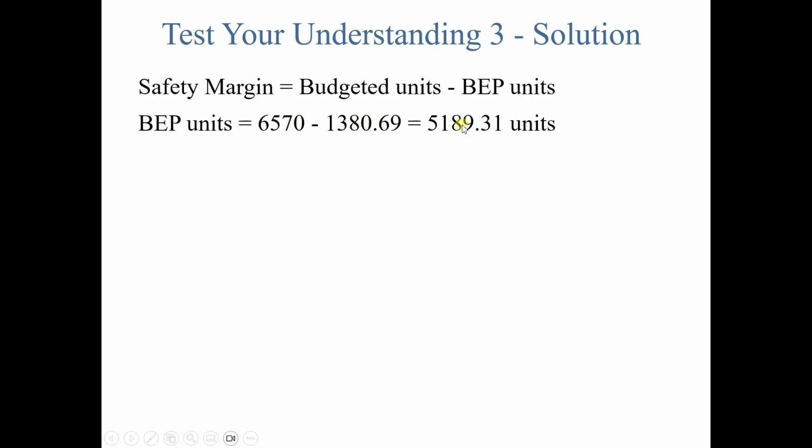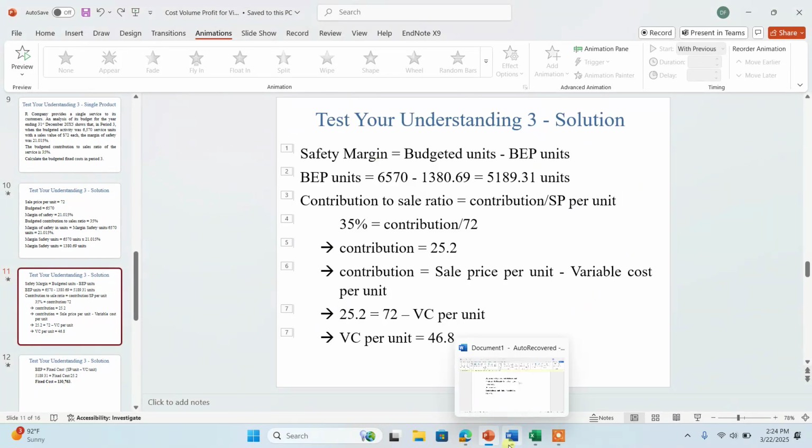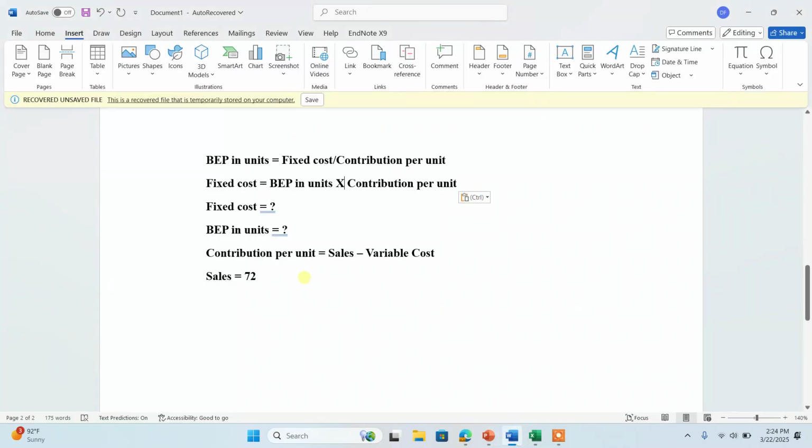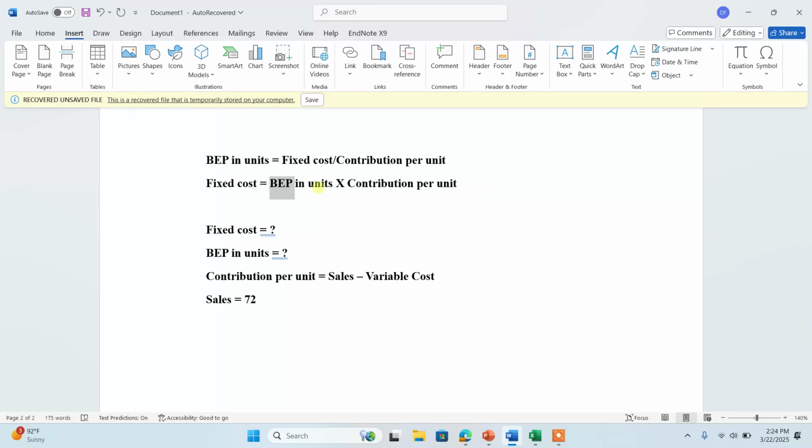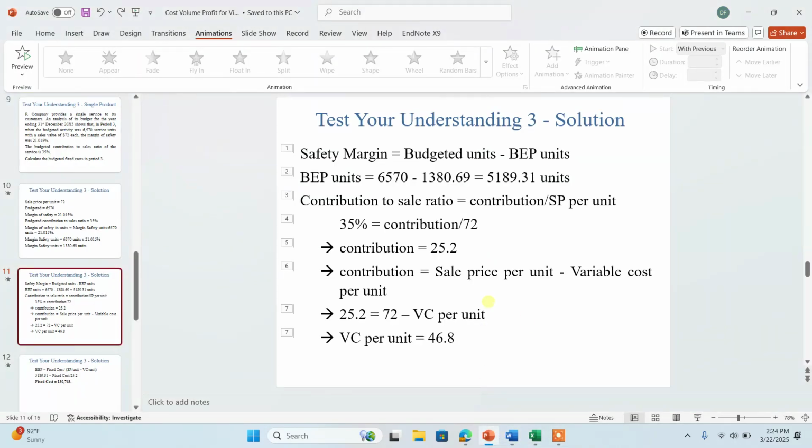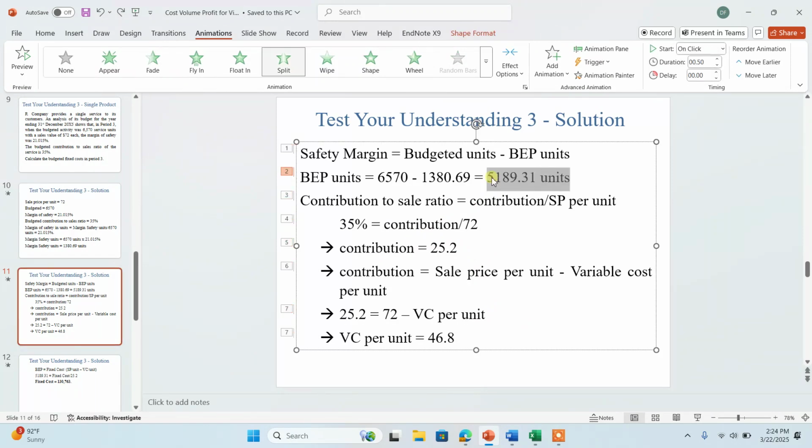So this is my break-even point, 5,189.31. So one of the targets is achieved, that is the break-even point. Now I have the value of the break-even point, by taking help from the safety margin ratio.